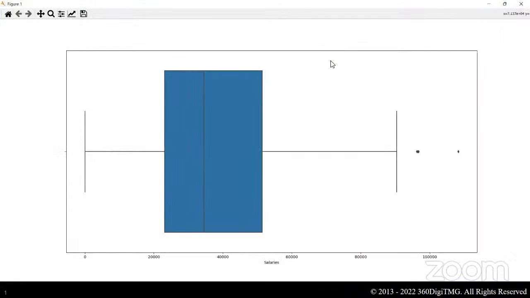We have two ways of treating outliers. The first way is simply by deleting them. This is known as trimming. So what happens in trimming? It will take these data points and simply delete them. The second way of doing it is Winsorization.